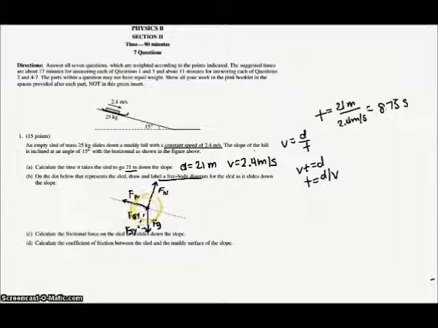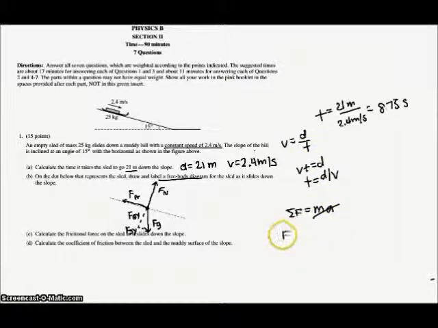And what we can do is set it equal to the x component force of gravity, going this way. So first I'm going to use the sum of forces equation, which equals mass times acceleration. And we know that acceleration is 0, so we can just get rid of this side.